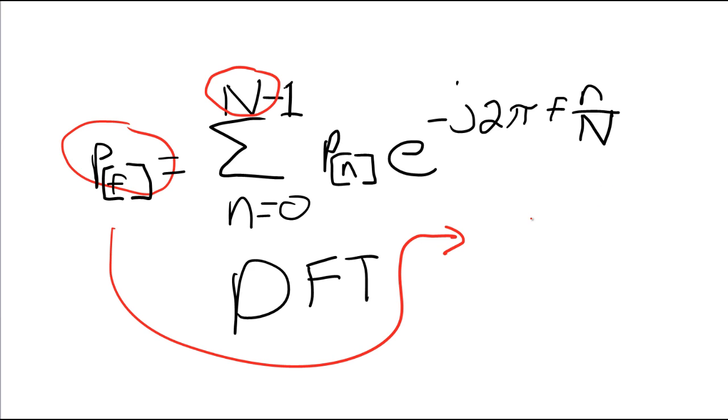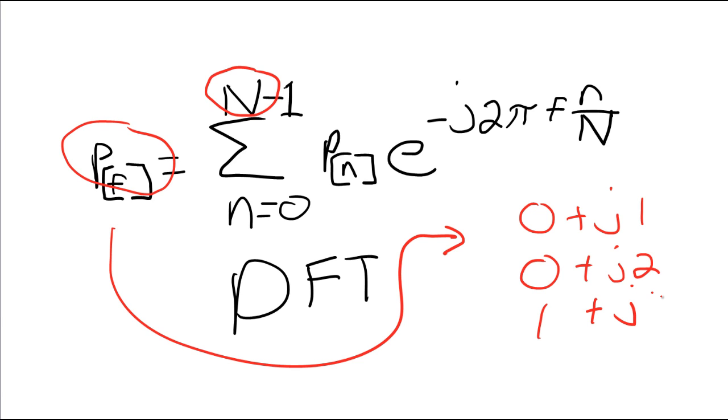All right, p of f is just a set of complex numbers, like 0 plus j1, 0 plus j2, 1 plus j3, where each one of these numbers shows, for example, the real part is a number that relates how well our input signal is related to a cosine wave.